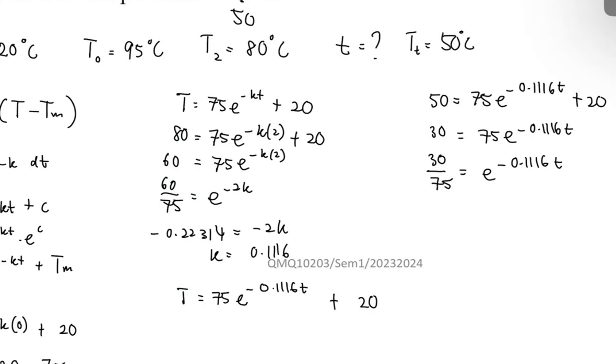Take ln: negative 0.9163 equals negative 0.1116t. So t equals about 7.899 minutes, so it will take about 8 minutes.